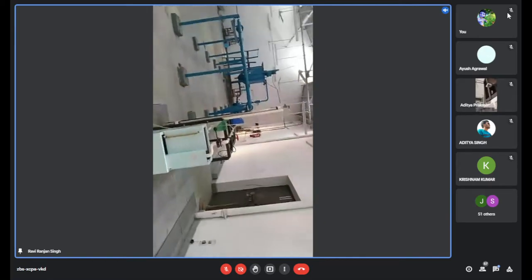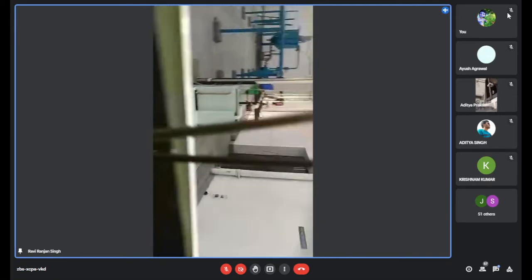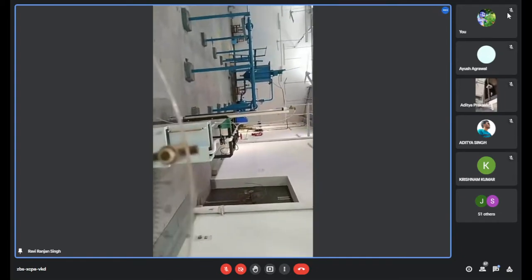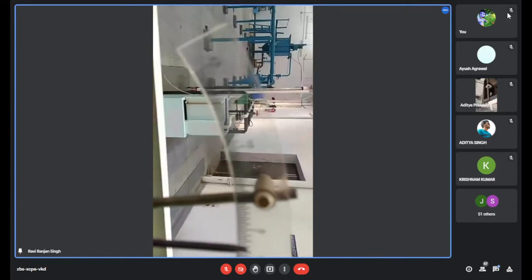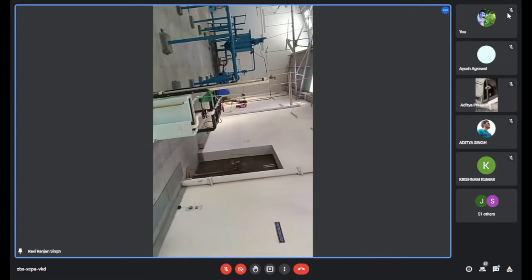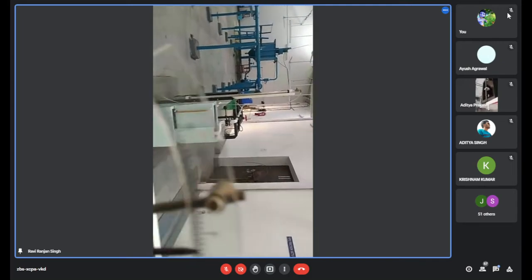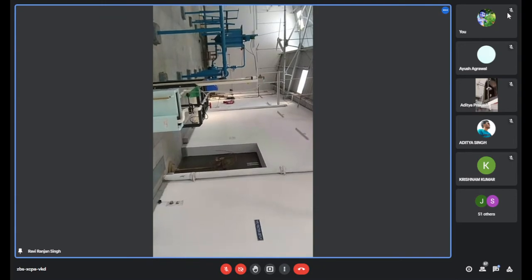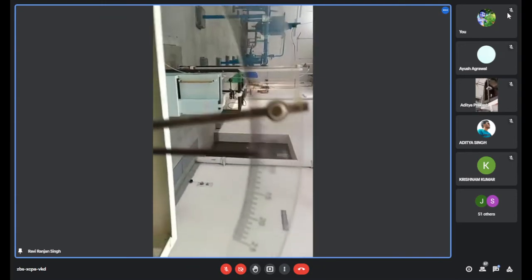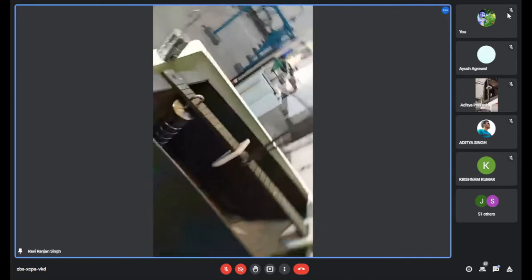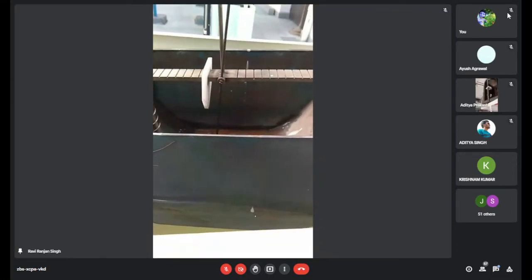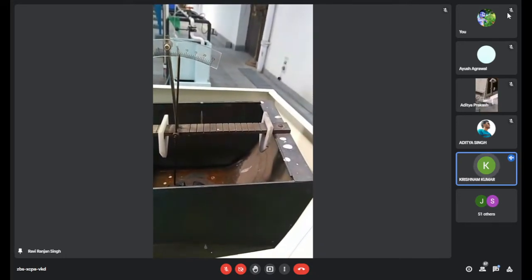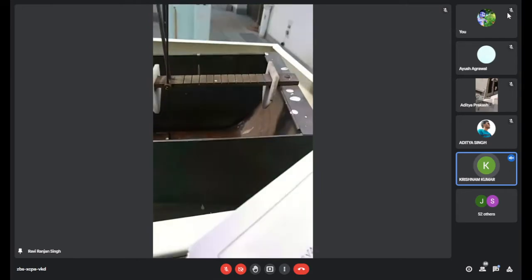The value of n is equal to 1 because the length of the pointer and the radius of the compass are the same. That's why we are taking n equal to 1. So, sir, if it was 2 or something else, then in sin theta we will put n theta to get metacentric height.